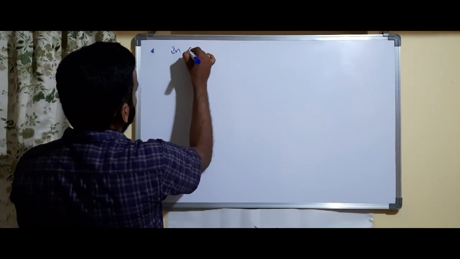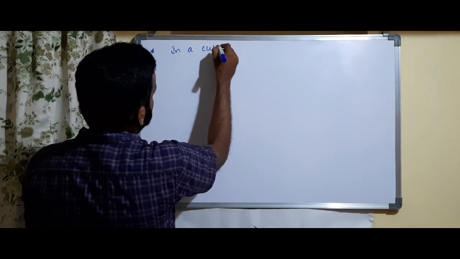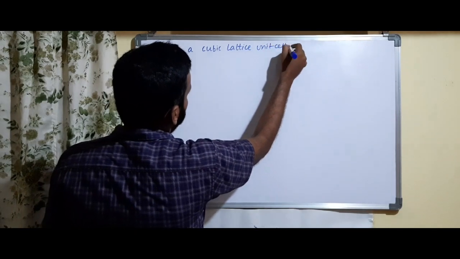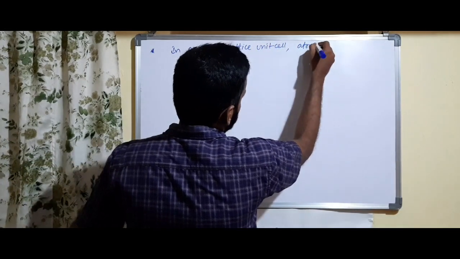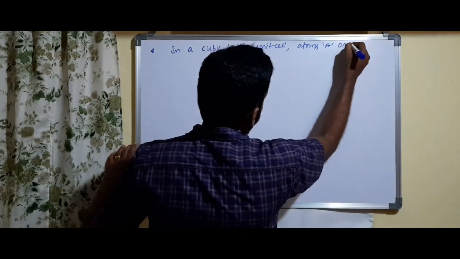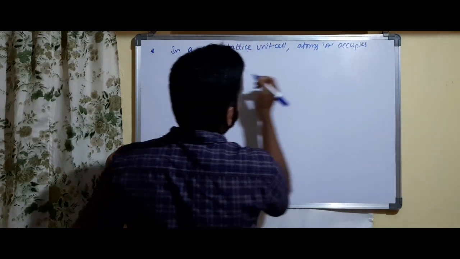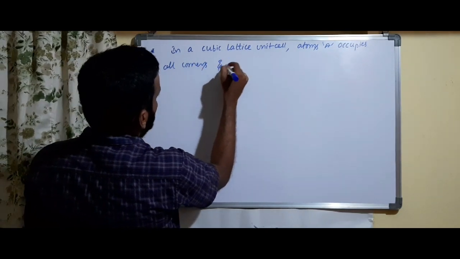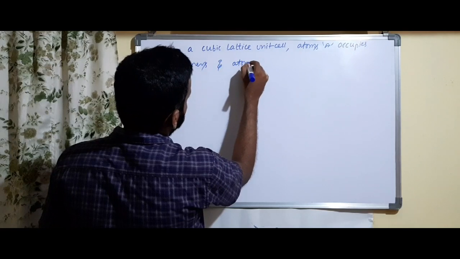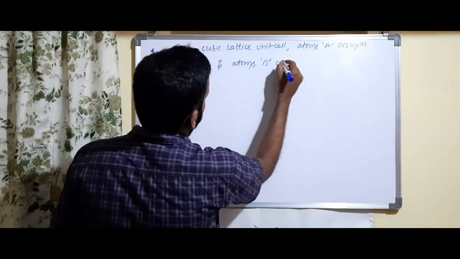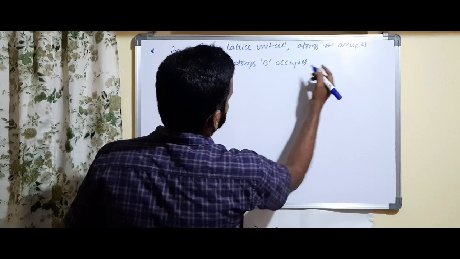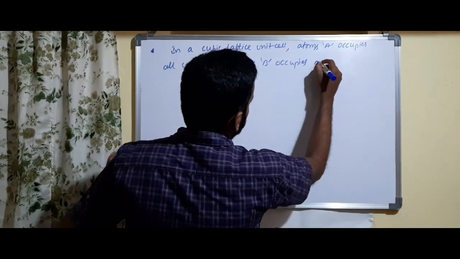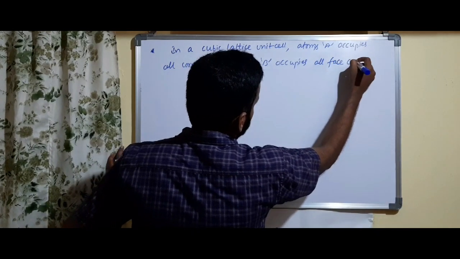In a cubic lattice unit cell, atoms A occupy all corners and atoms B occupy all 6 faces, otherwise all face centers.